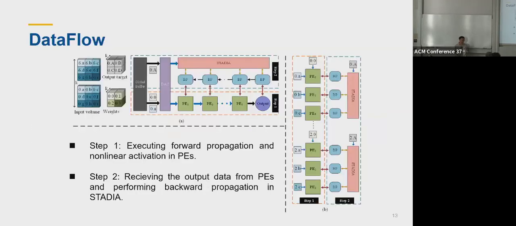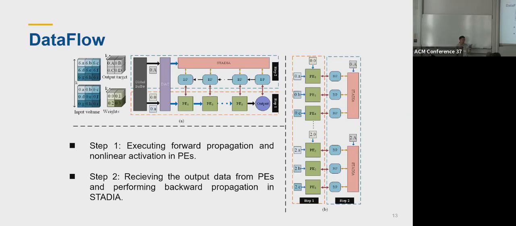To achieve efficient data distribution for parallel computing, we design a data flow using an instance in CNN acceleration. As we can see, the different data are represented by different colors, in which the input value is blue, weight is green, and the training sample is gray.